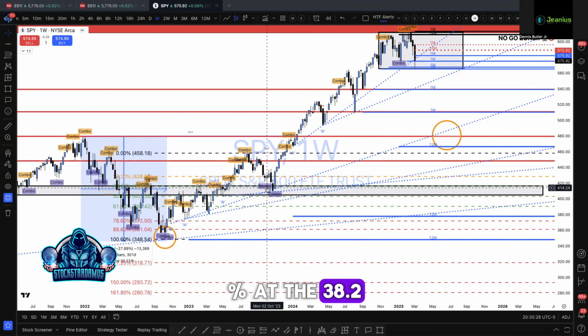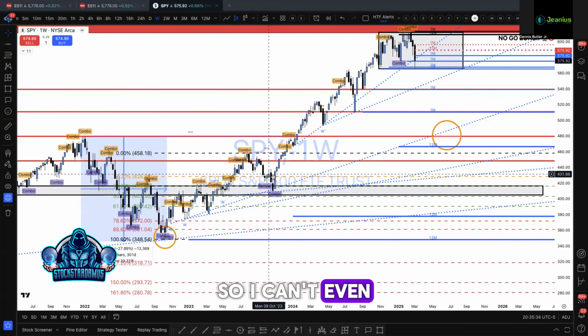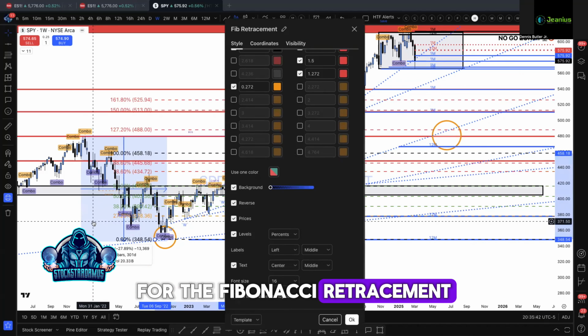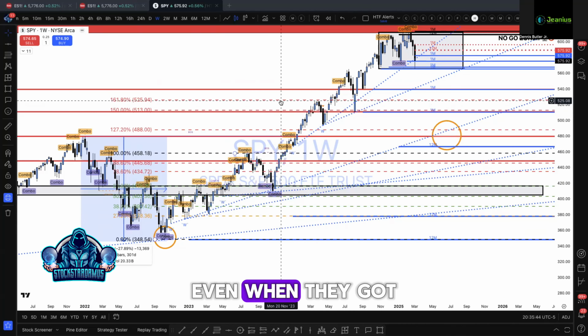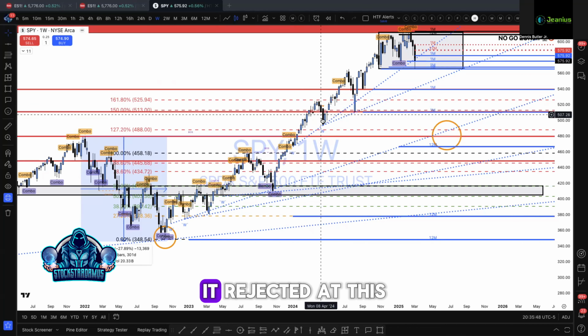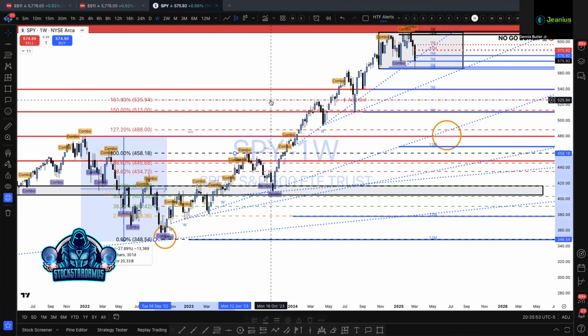I'm going to go ahead and say that it did touch the 50% because this is too close. So I can't even use this example because it's too close to the 50%. This was another accurate judgment for the Fibonacci retracement, to be honest with you. Even when it got to this 61% point after I flipped it to an extension, it rejected at this point right here. So I can't even use that as an example.